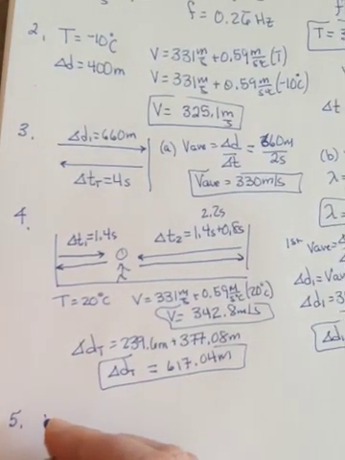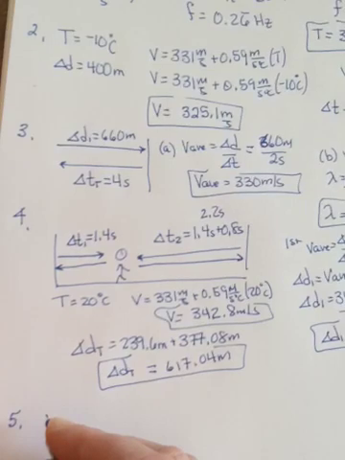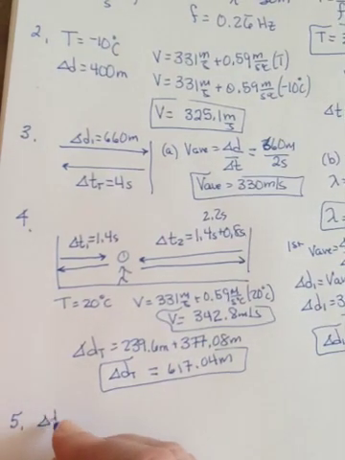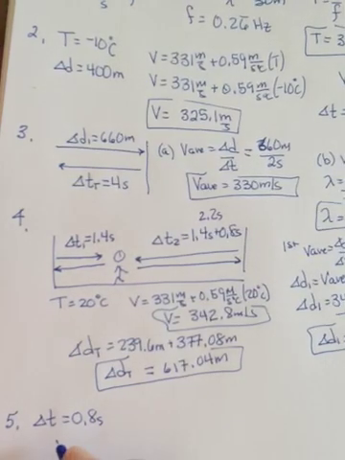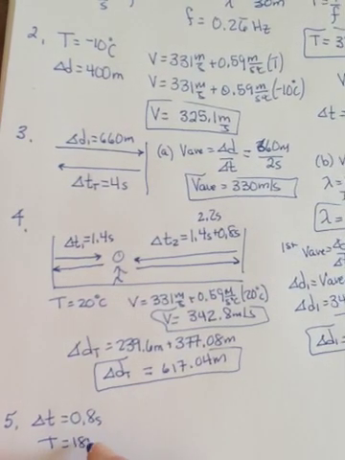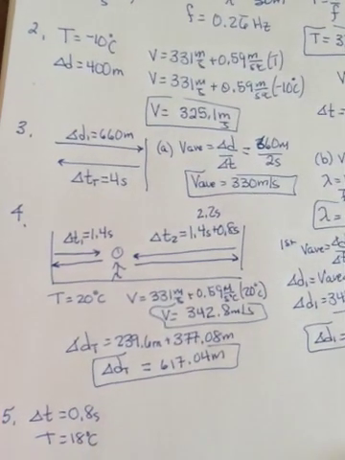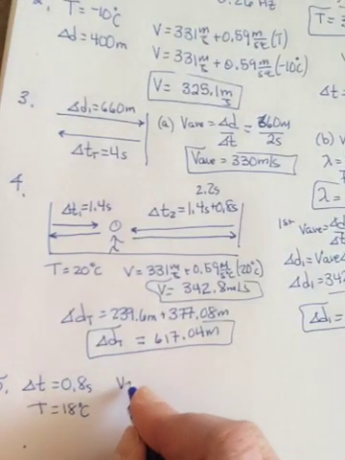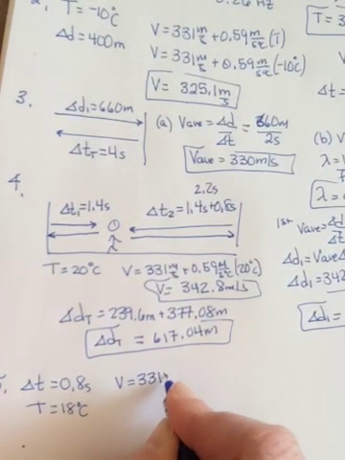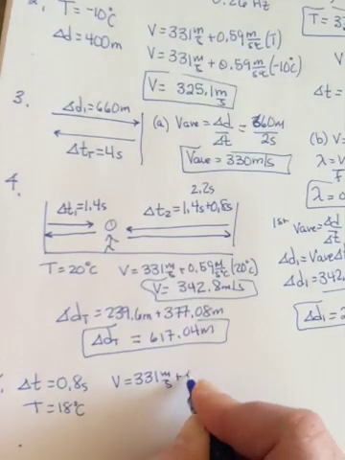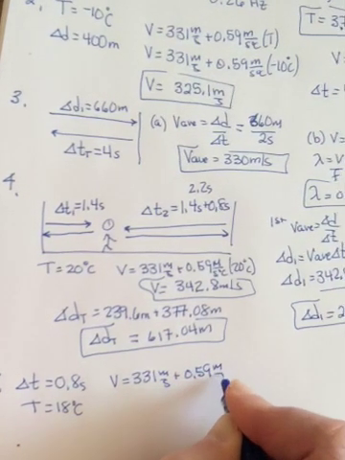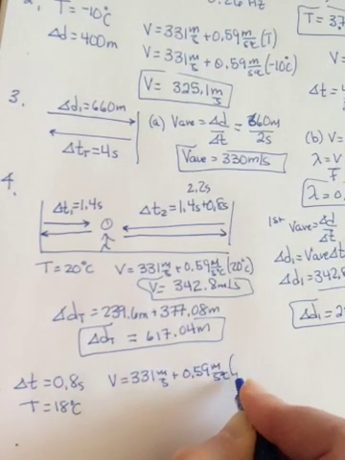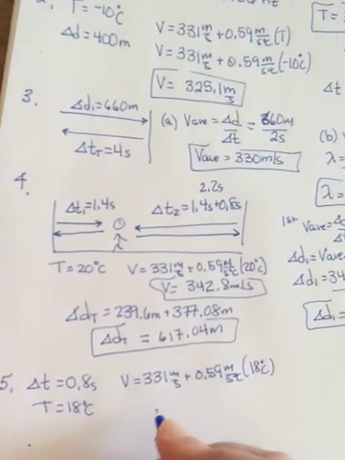Okay, number 5 says, a bat sends out a sonar signal which strikes an object and comes back in 0.8 of a second. If the temperature of the air is 18 degrees Celsius, how far away is the object? So first step, v is equal to 331 meters per second plus 0.59 meters per second degrees Celsius times 18.